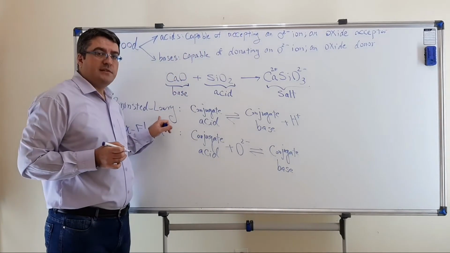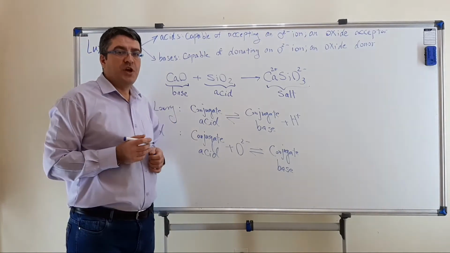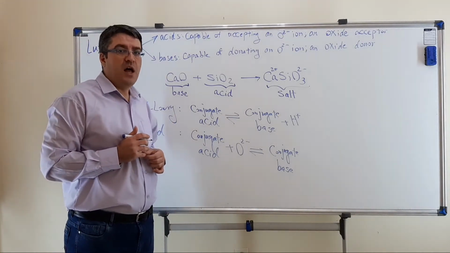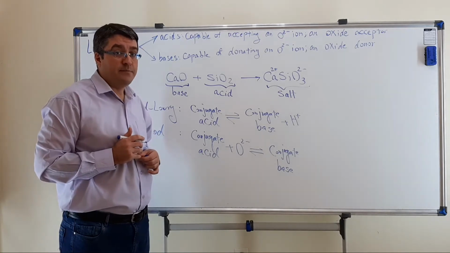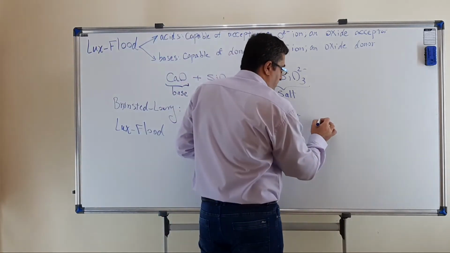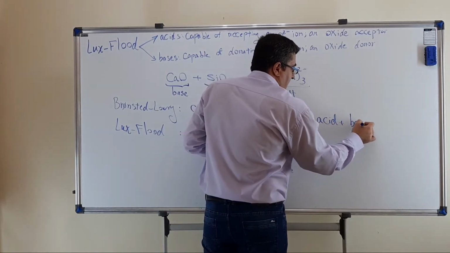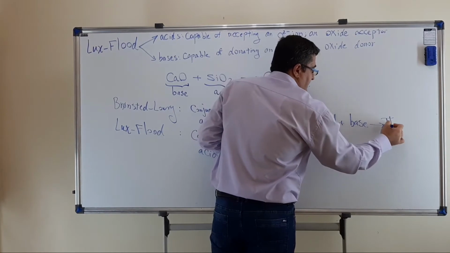Based on the Brønsted-Lowry acid-base theory, in an acid-base reaction, we have transfer of H+ from acids to bases, yielding their conjugates. So, based on Brønsted-Lowry acid-base theory, we have this.